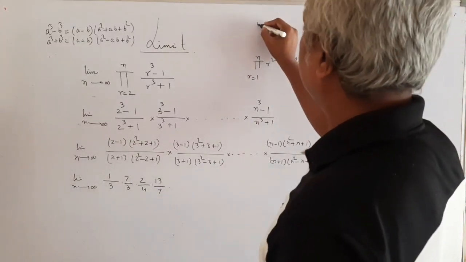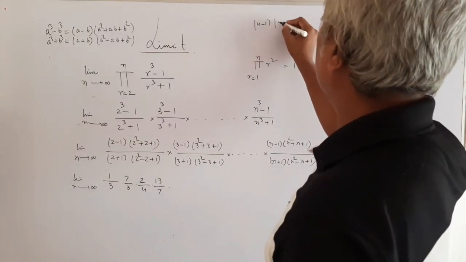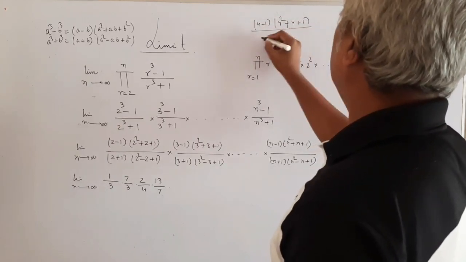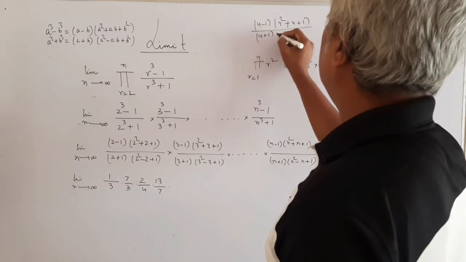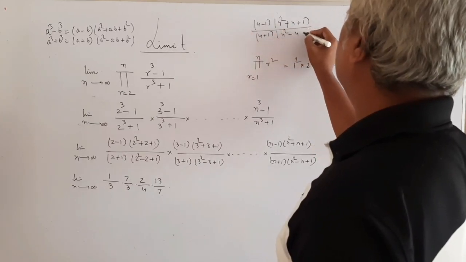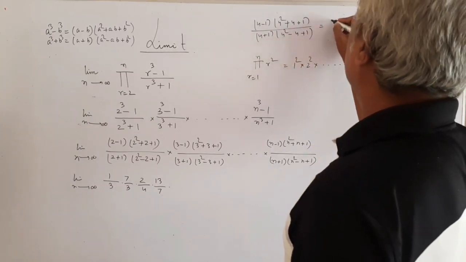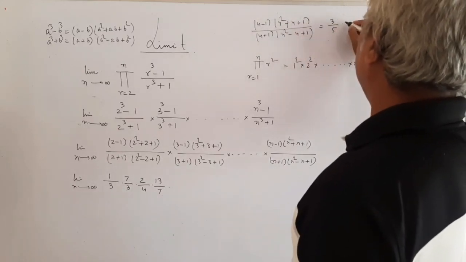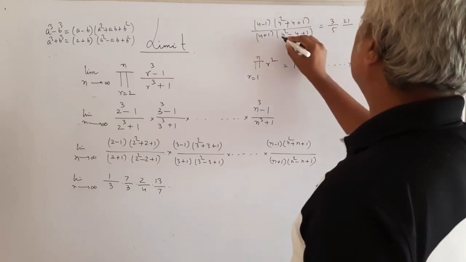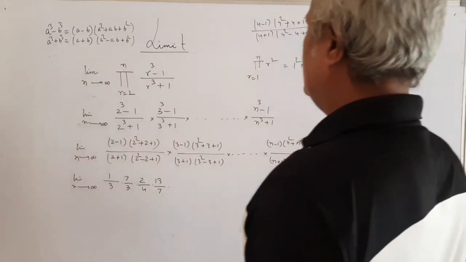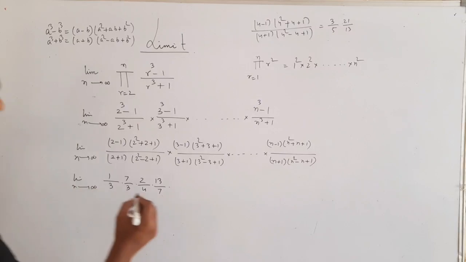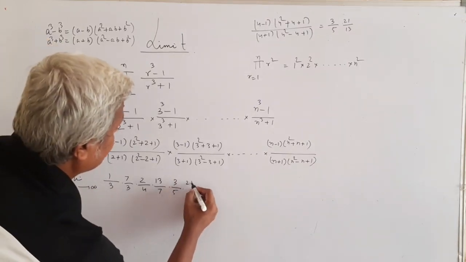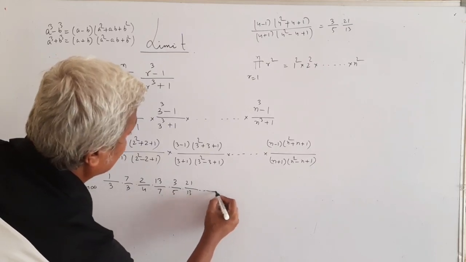Then I get (4 minus 1) 3 upon 5, and 16 plus 4 plus 1, 21, upon 16 minus 4 plus 1, 13. So I get one more pattern, 3 by 5 into 21 by 13, dot dot dot.